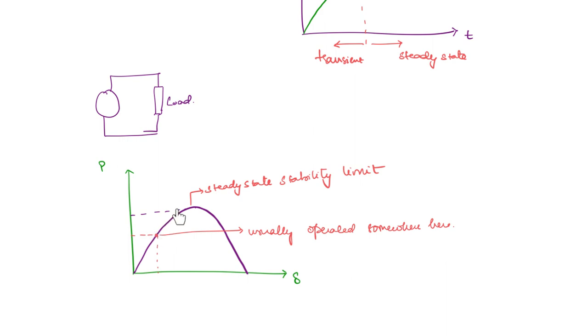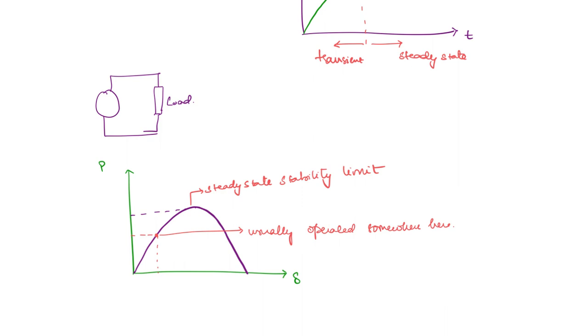When it is going beyond the operating point, how far is it going? If it is operating at this point, then this will be the limit. But if it is operating at this point, then it can go slightly beyond here. During transient, it can go beyond the steady state limit. That will be understood when you study power system stability and the equal area criterion.